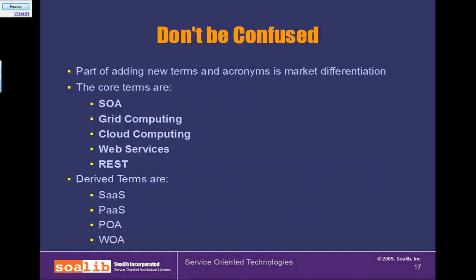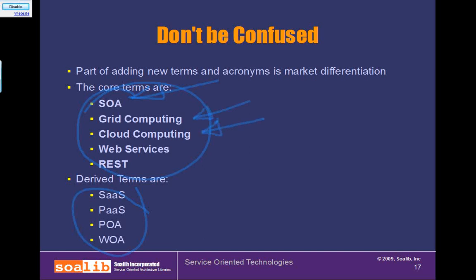So let's move to slide number 17. We are coming close to our discussion. So let's see what are the confusing terms and what are the not confusing terms. The confusing terms were these, and these are the terms that are real. Service-oriented architecture is a real thing. Grid computing is also a real thing that has been there for a while.